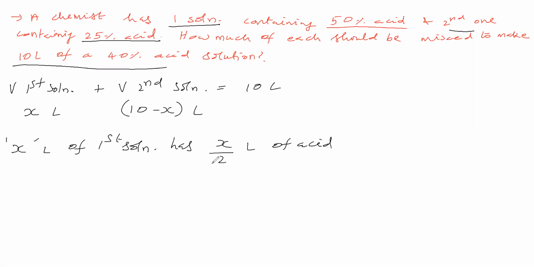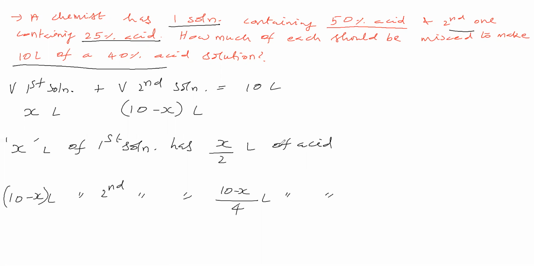Second solution is 10 minus x liters. How much acid does it have? So 10 minus x into 25%, and 25% means one by 4. The second solution has 25% acid, therefore this much acid.